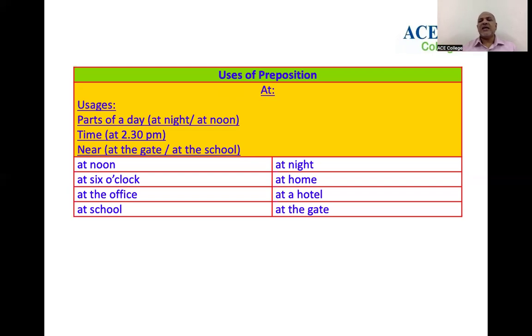I have a class at 5 o'clock. I have a meeting at 4 o'clock. My work starts at 9 o'clock. My work ends at 6 o'clock. Automatically, your mind should put "at" for the time.